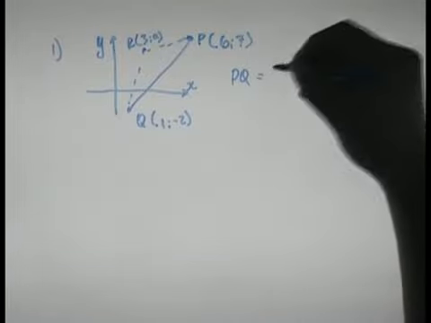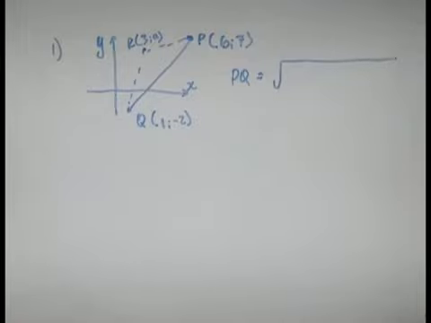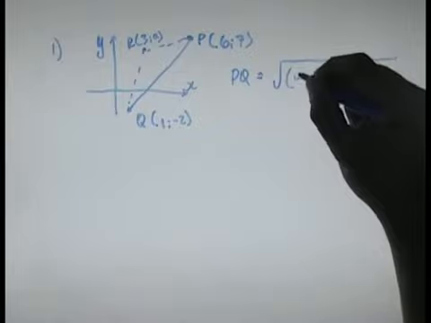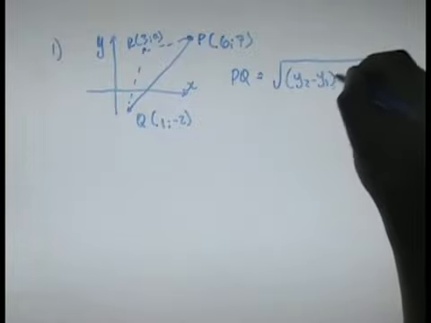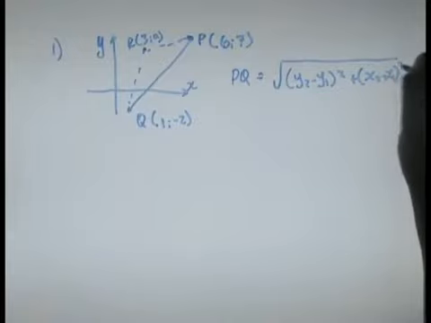Now PQ can be calculated using the distance formula, which says that it will be the square root of (y2 minus y1) squared plus (x2 minus x1) squared.